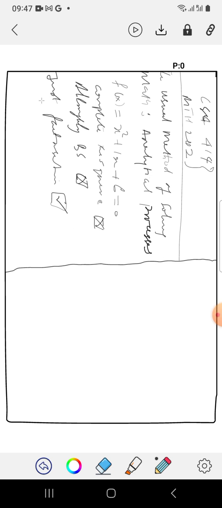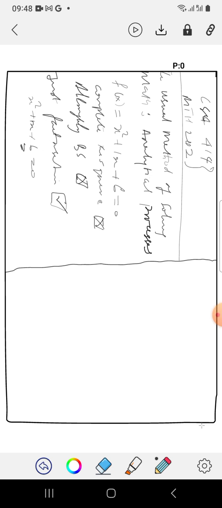So how do you factorize this problem? You have x^2 + x + 6 = 0. The usual thing is that you look for two numbers that when you multiply them, give you 6, and when you add them, give you 1, because this is 1 here.